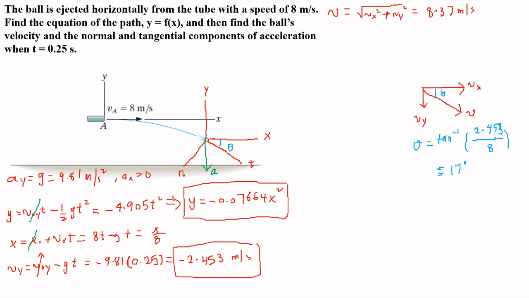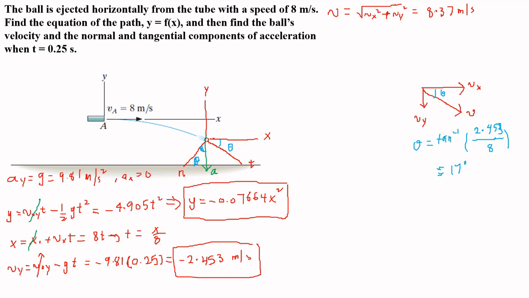Now, what would this angle here be? This angle would also be 17, so this angle is also theta. If you rotate both of these axes, the more I rotate this, the bigger this will get, so both angles here are the same.